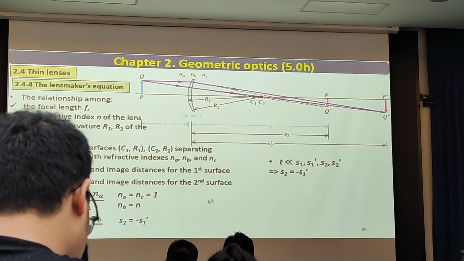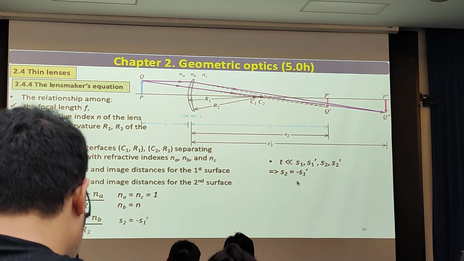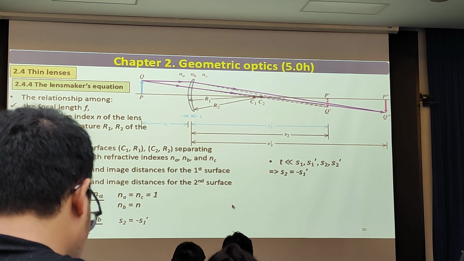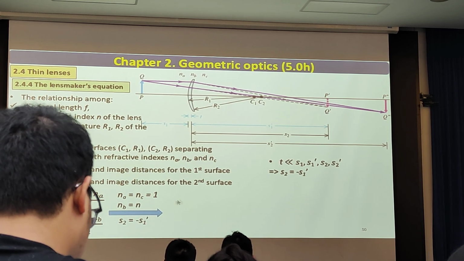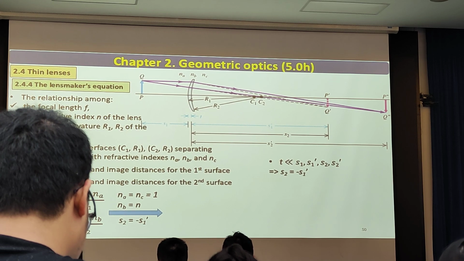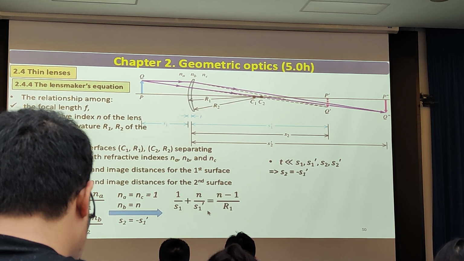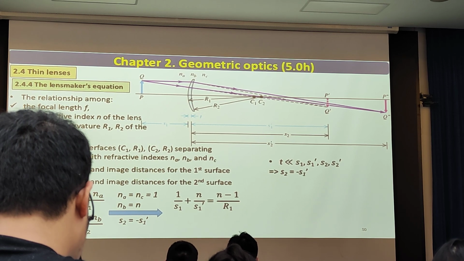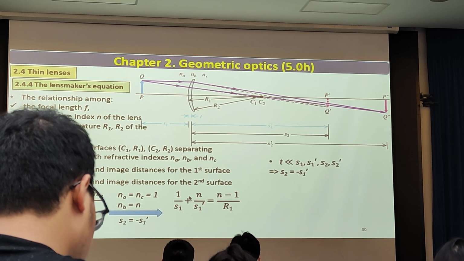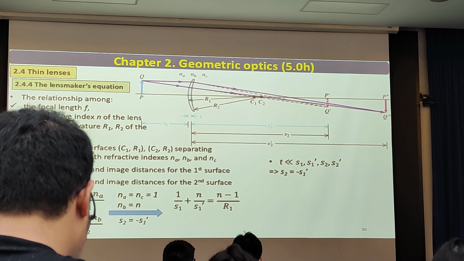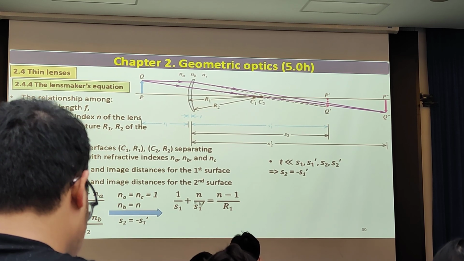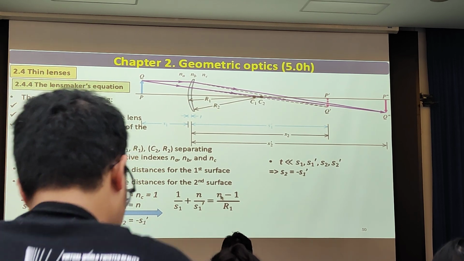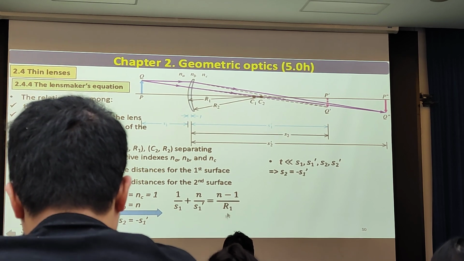And you got the relationship here, S2 equals minus S1 prime. So we can deduce, yes, you can replace into these two equations, and you can find out one. You replace Na and C equal to 1, so you got 1 over S1 plus N over S1 prime equal Nb, equal to N minus 1 over R1.